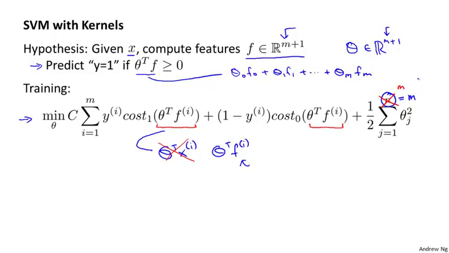One way to think about this is n being equal to m, because if f is the new features, then we have n plus 1 features, with the plus 1 coming from the intercept term. And here we still sum from j equals 1 through m, because similar to our earlier videos on regularization, we still do not regularize the parameter theta 0, which is why this is a sum from j equals 1 through m instead of j equals 0 through m.